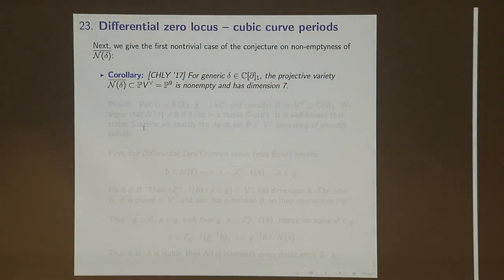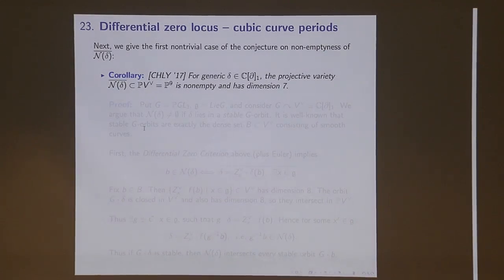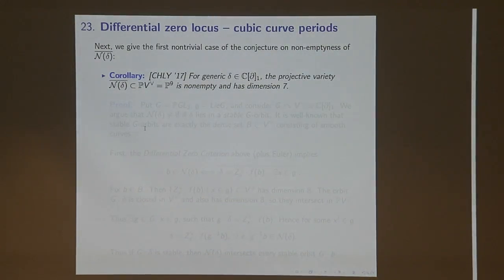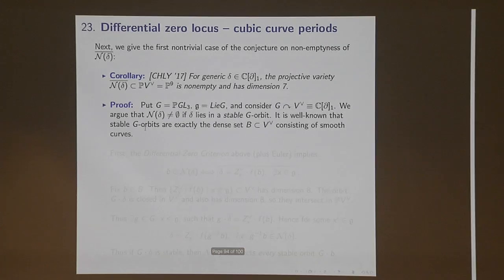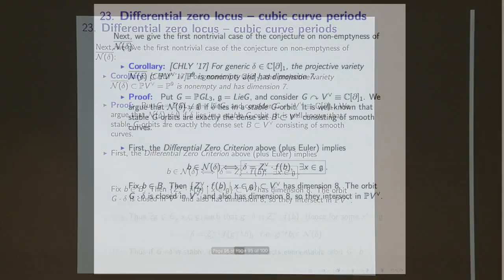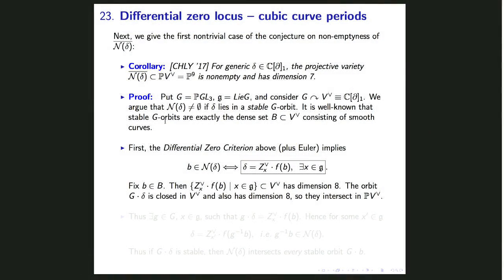Okay, let's see. I am kind of short of time, so I'm going to skip ahead. Okay, but I want to highlight one point of the argument. The key step of the argument is to translate this membership condition using the vanishing criteria I gave earlier. Namely, you can now translate it into this equality.